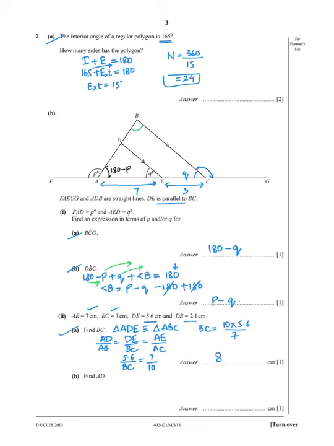After that, it says find the value of AD. With the same ratio we can do it. Here the value of AD is unknown, and AB equals AD plus DB, and the value of DB is known, that is 2.1. So I'm placing values now. It will be AD as it is over AB, which is AD plus 2.1, equals the ratio I have, 7 over 10.